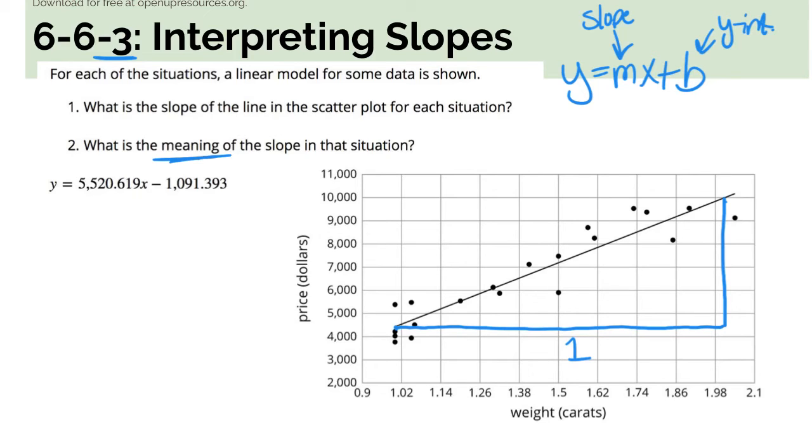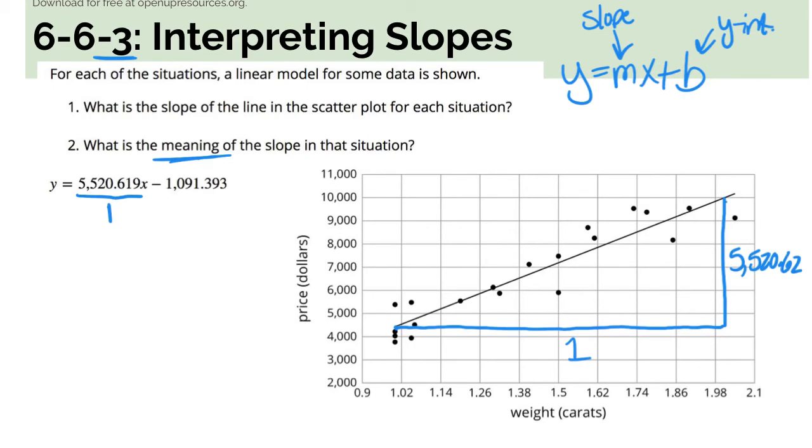And remember that slope is rise over run. So I could rewrite that slope as 5,520.62 over 1. So if my run is 1, which I already have, my rise would be 5,520.62.